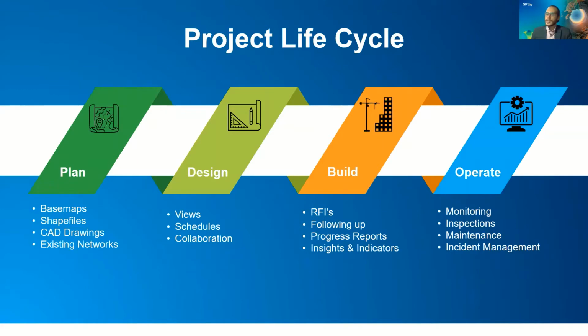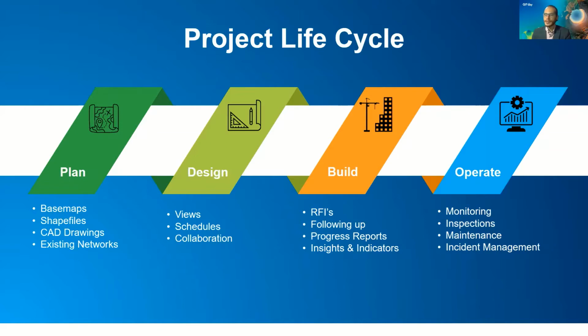The project life cycle always starts from the planning phase, where we should have a view of the outline and the layout of the project. We have to get some information about the context of the new project.